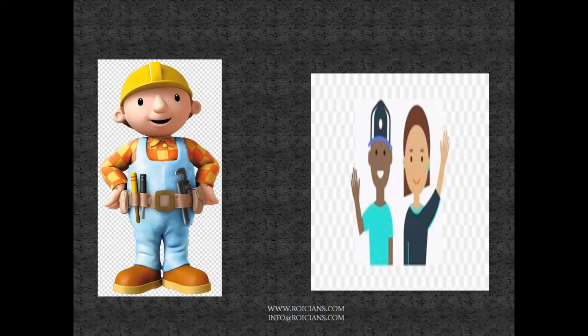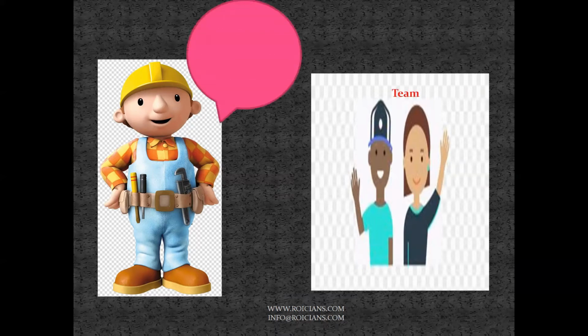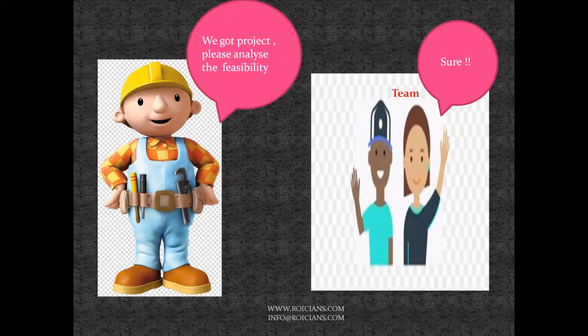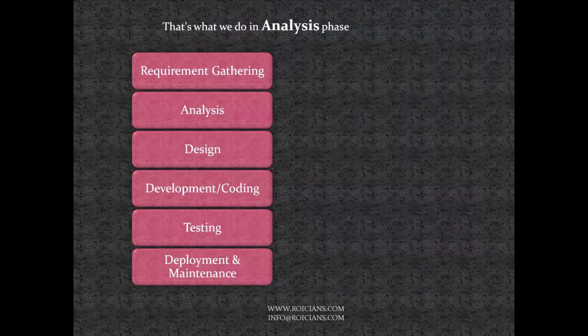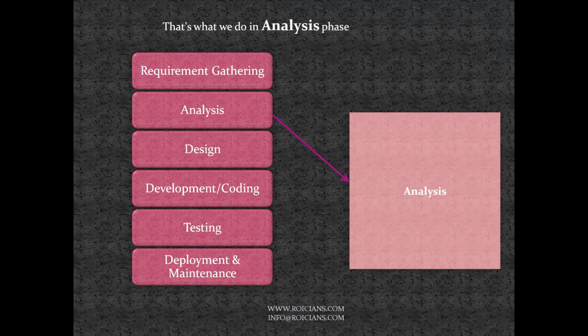So they will check all the feasibilities, whether this particular project is possible within that timeline and that budget or not. Mr. Bob will say, we got the project, please check it for feasibility, and the team will analyze the requirements. Guys, what was that? That was the analysis phase in which requirements are analyzed by the team.